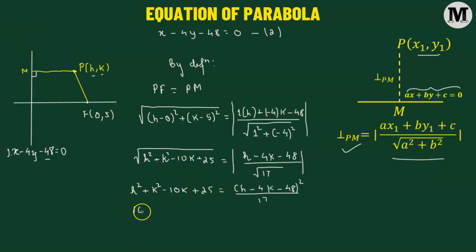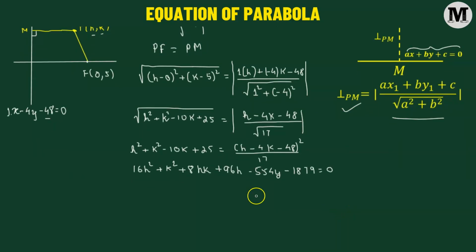We're going to get 16h squared plus k squared plus 8hk plus 96h minus 554k minus 1879 equals 0. Fine.